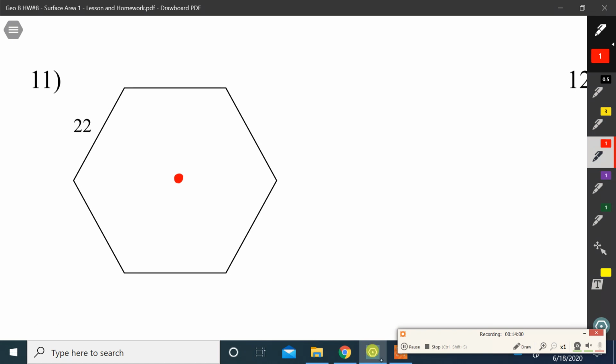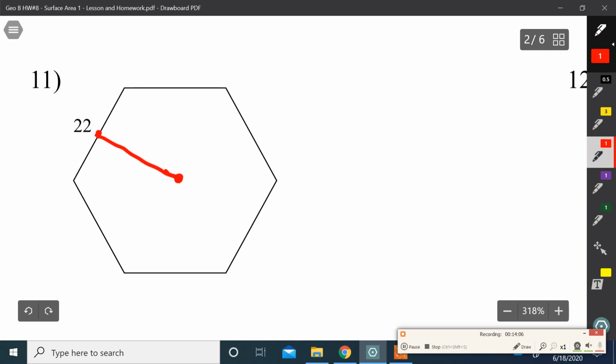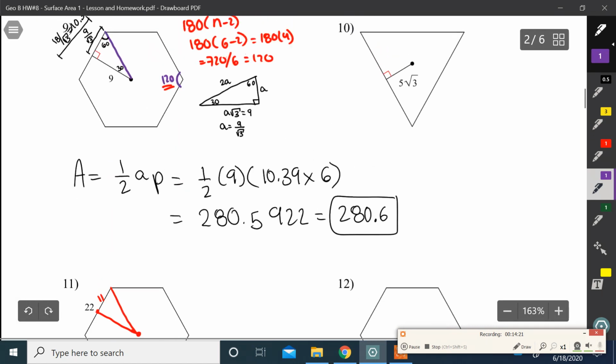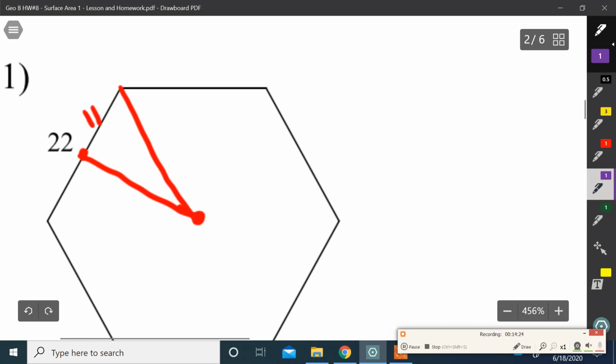Okay, first of all, let's see what we have here. The bottom is right there. We need to figure out what that is. If this is 22, then that means that this is 11. We already know, if you look at this one and this one, those are the same. So I already explained that this is 60 and this is 30.